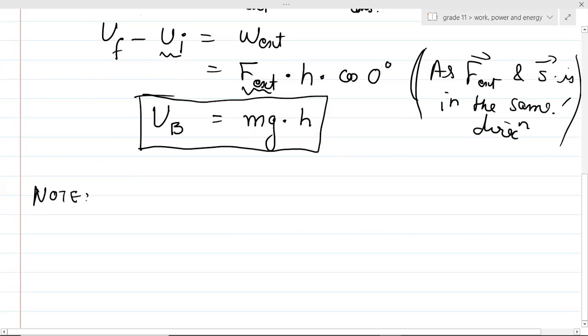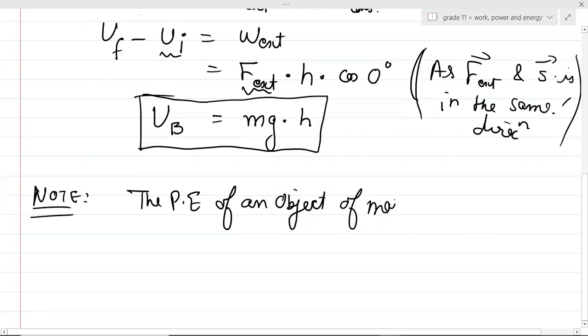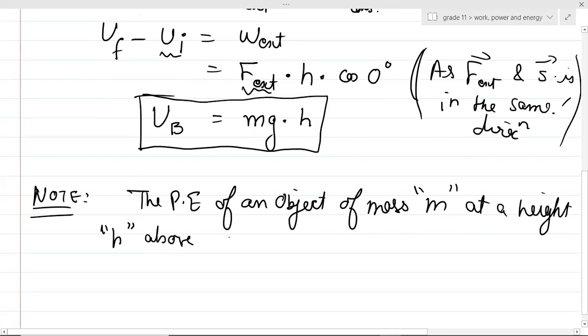Note: the potential energy of a point, or basically of an object of mass m at a height h above the reference is equal to mgh.